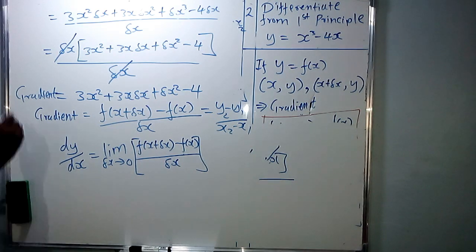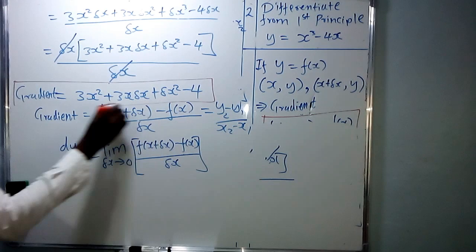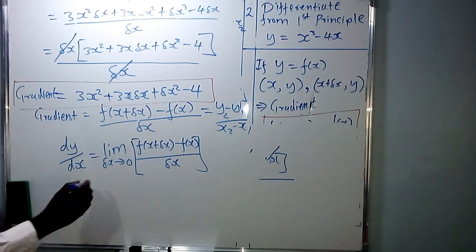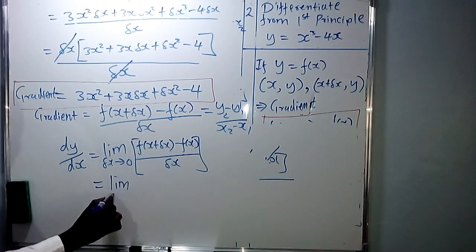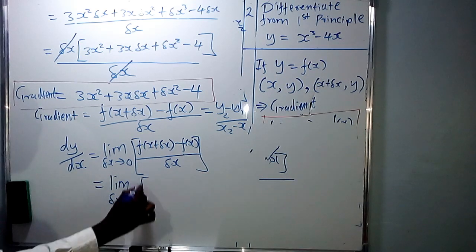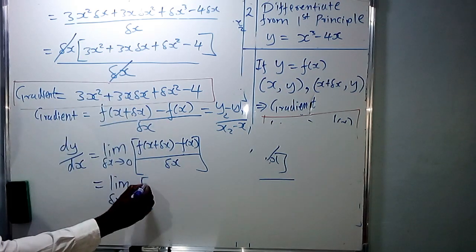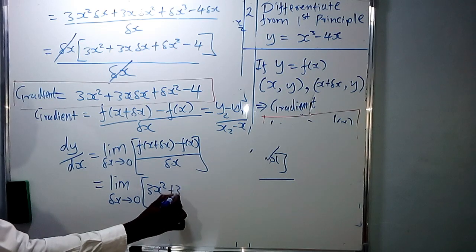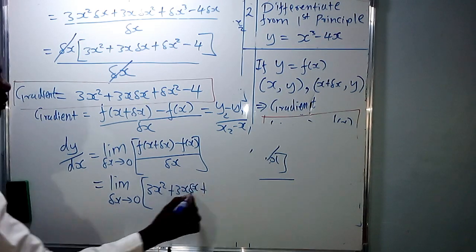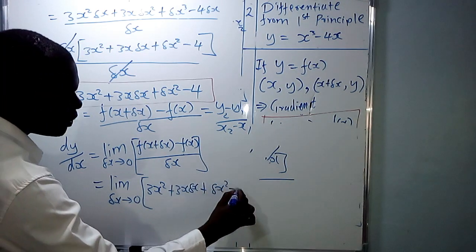Then you substitute. So the limit as change in x tends to 0 of the whole of this gradient. What have we found it to be? 3x squared plus 3x change in x plus change in x squared minus 4, isn't it?